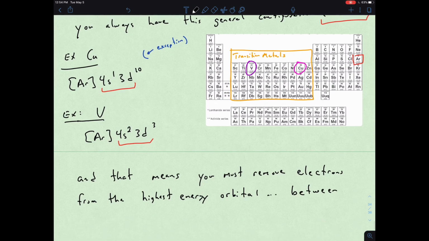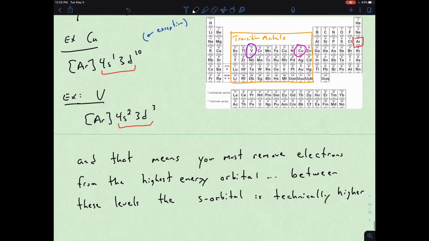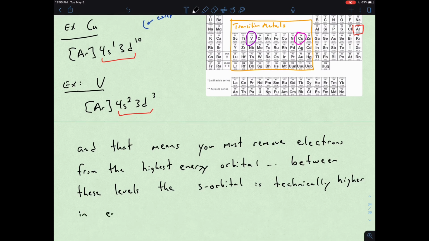Between these levels, the S orbital is technically higher in energy than the D orbital. And again, this is specific.